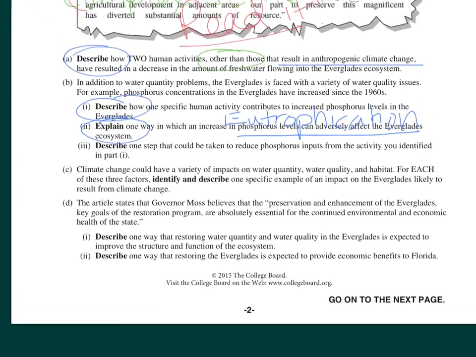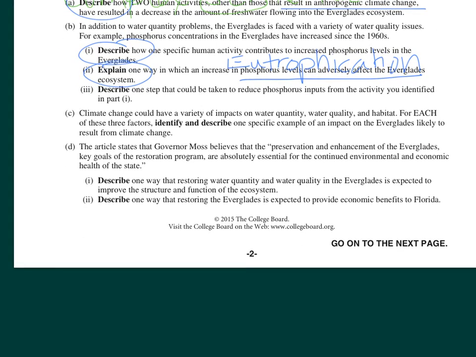The next item that I want you to see here is the word economic. So anytime that you are asked about something economic, and it happens every year on FRQs, make sure you mention money or jobs. Don't imply it. Actually write the words. So for example, this one, describe one way that restoring the Everglades is expected to provide economic benefits to Florida.